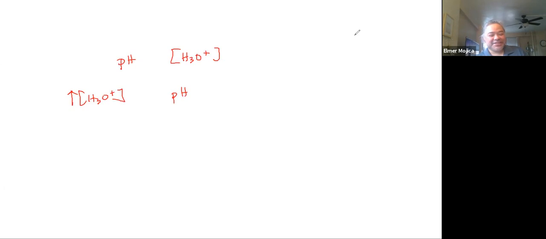Which of the following statements is true? Anyone, what's the relationship between the two concepts here? As the concentration of the hydronium ion increases, what happens to the pH? Will it go up or down? Anyone?